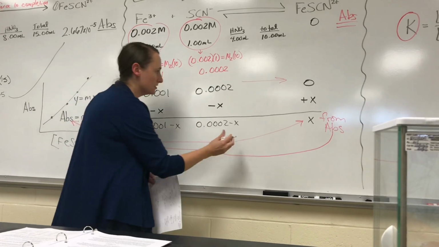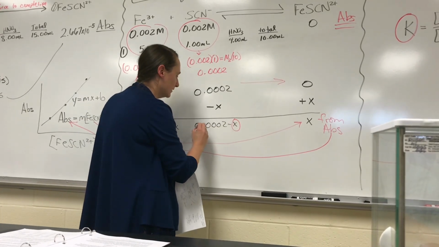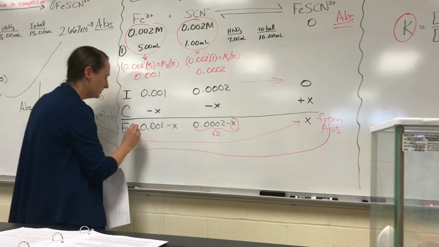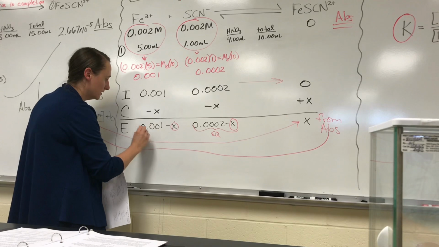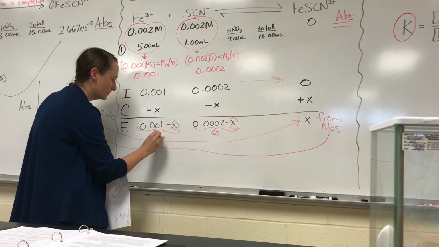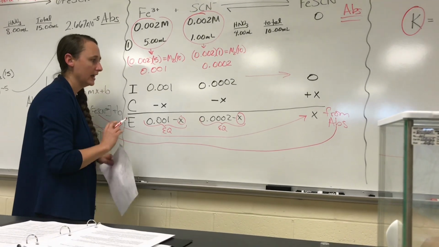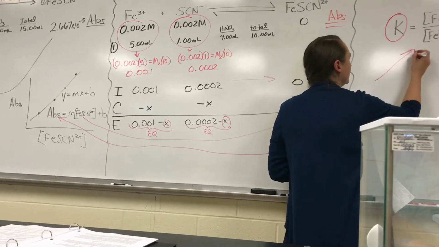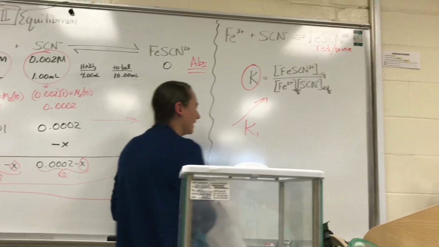Once you have that concentration, you can then plug it in here and get this equilibrium concentration, plug the x in here, and then get this equilibrium concentration. And now you can take all 3 equilibrium concentrations, plug them in here, and you get your first value of K.